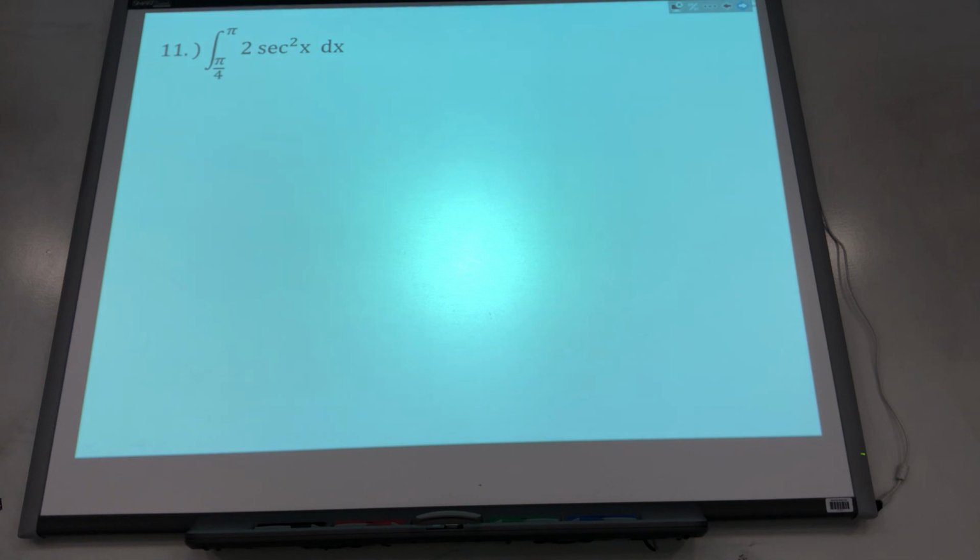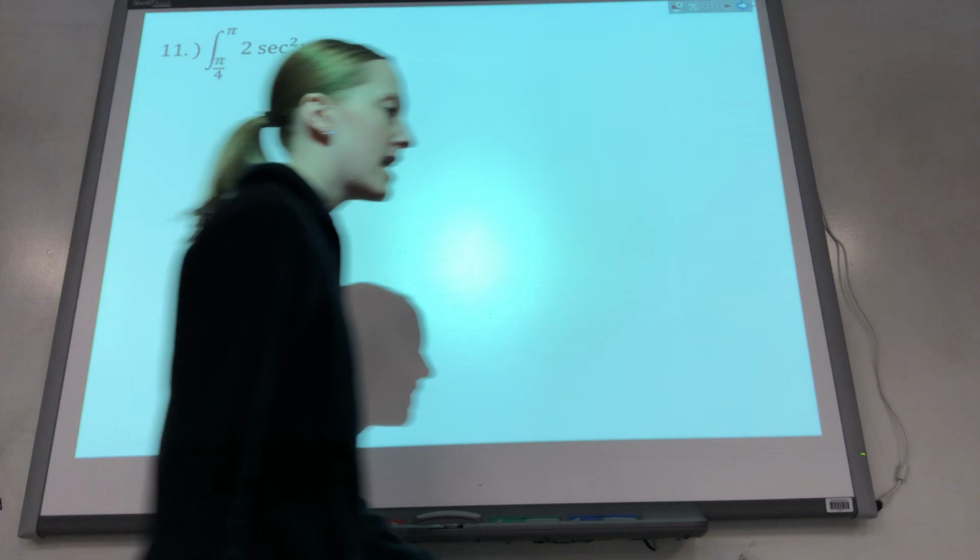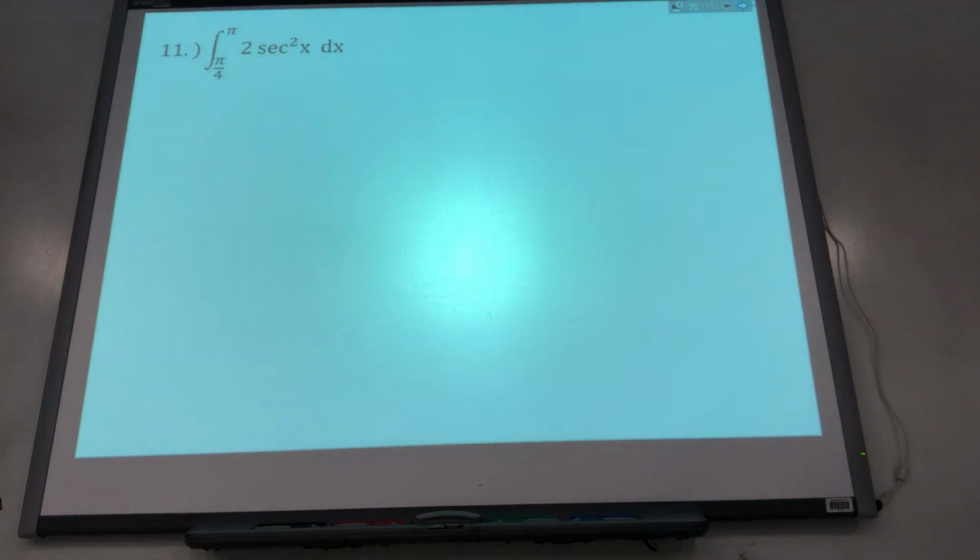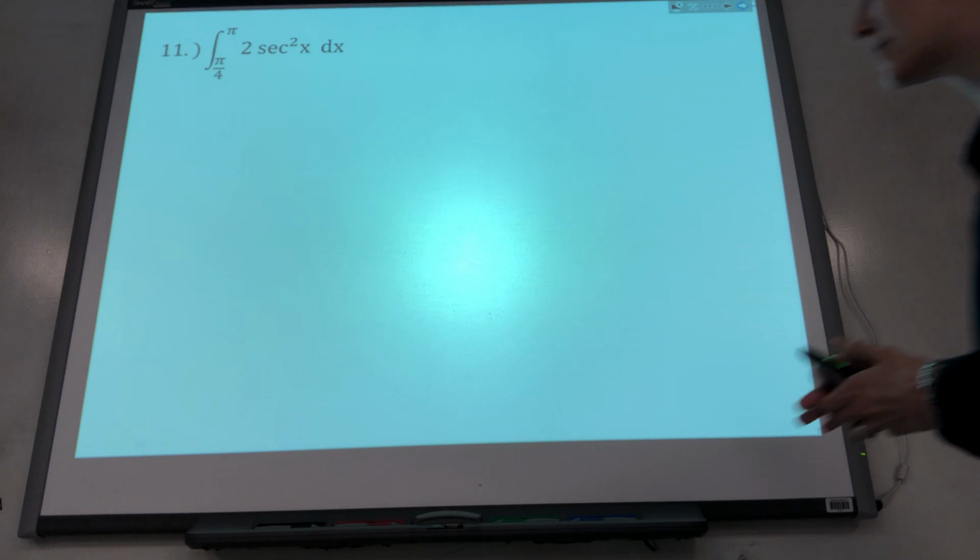Okie doke. Let's try one more of these. And it has a little trig. It says we're integrating from pi over 4 to pi, I'm going to use handy dandy for this, it's 2 secant squared of x dx.